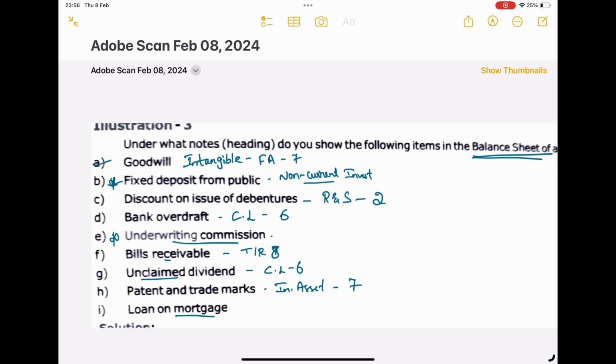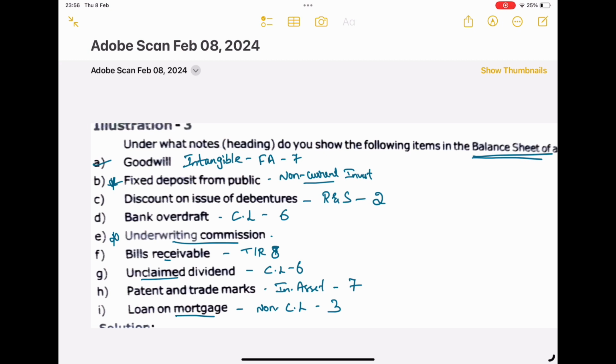A lump sum amount will be taken for a longer period, in order to gain the surety, in order to gain the guarantee that the amount will be received. For that purpose we are going to mortgage our assets, right? So definitely it is a non-current liability, so it comes under note 3, long term borrowings.